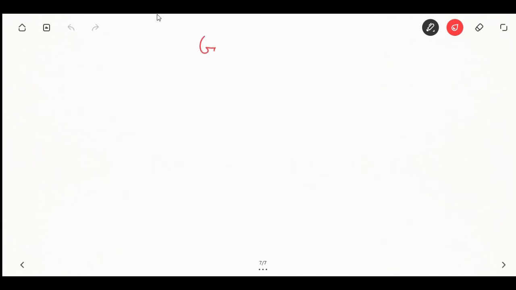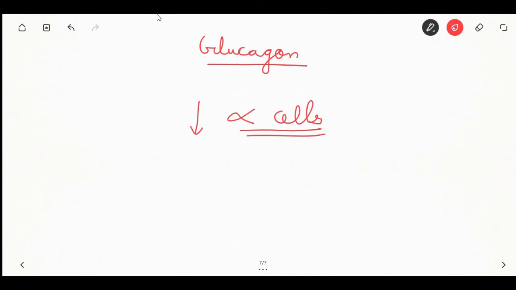Another important hormone is glucagon. For exam point of view, you have to remember it is mainly secreted by the alpha cells of the islets of Langerhans in the pancreas. The presence of food with more fat and protein in the stomach is a stimulus for glucagon release.